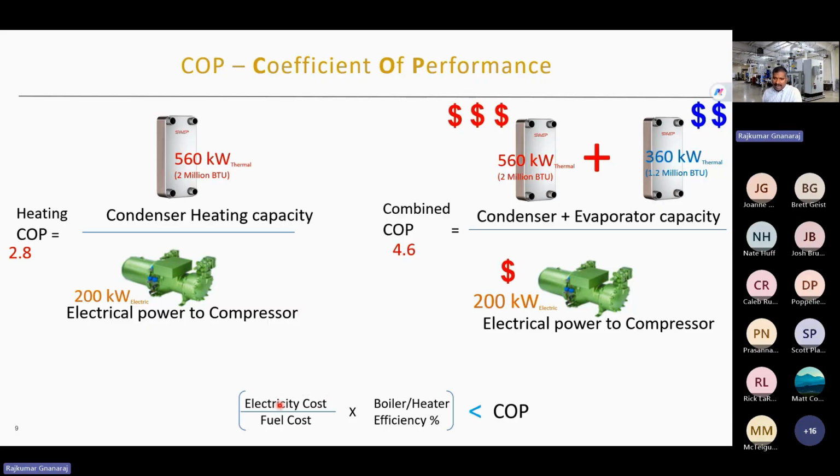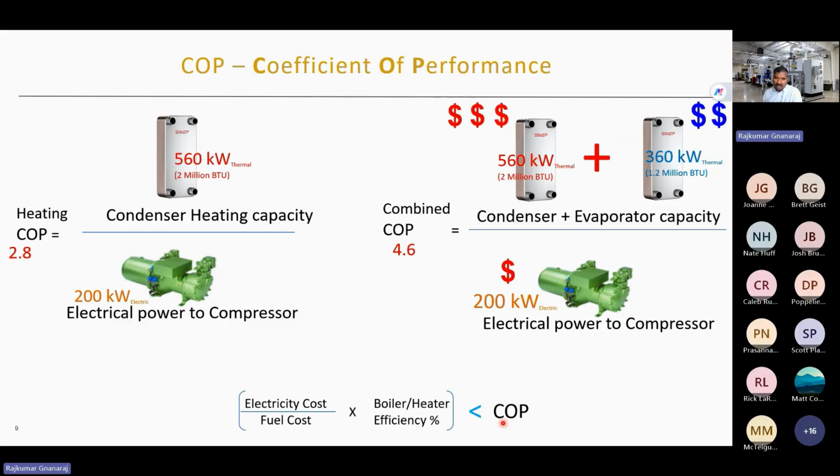For that, we take the electricity cost from the facility and the fuel cost in the campus, multiplied by how we are generating hot water today. Is it through a steam boiler, gas-fired water heater, what the efficiency is? If this value is lower than COP, after installing the heat pump, you're going to see some savings.